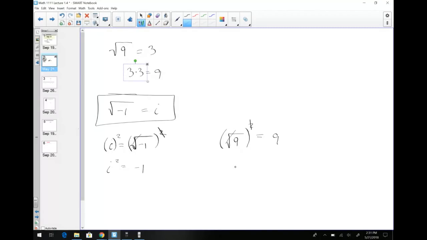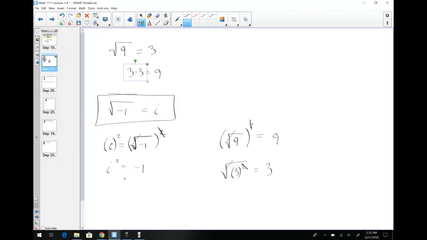Even if you had something like the square root of 3 squared, that too, with this radical, is going to cancel as well, giving 3. Whatever happens, if the 2 is underneath the radical or the 2 is outside the radical, those are going to cancel each other. Okay.